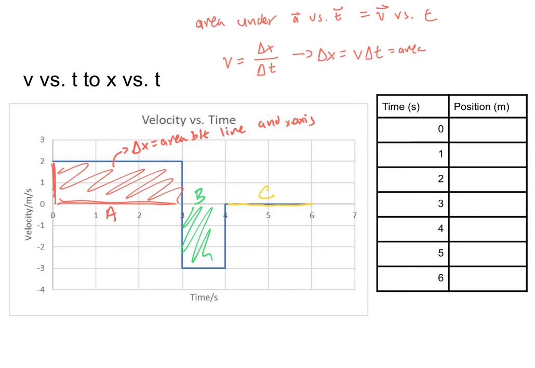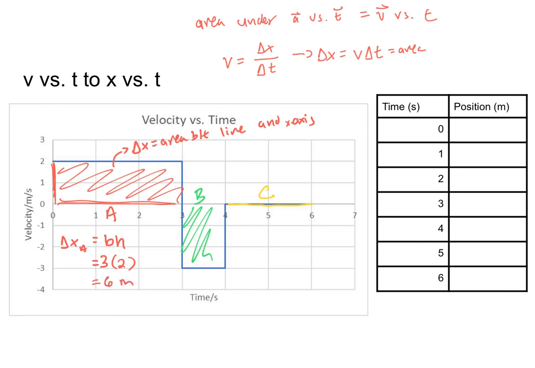So A is in the shape of a rectangle. I know that the equation for the area of a rectangle is base times height. So my change in position for A is equal to the base of my rectangle times the height of my rectangle, or 3 times 2. Thus, my change in position over that period of time is 6 meters.